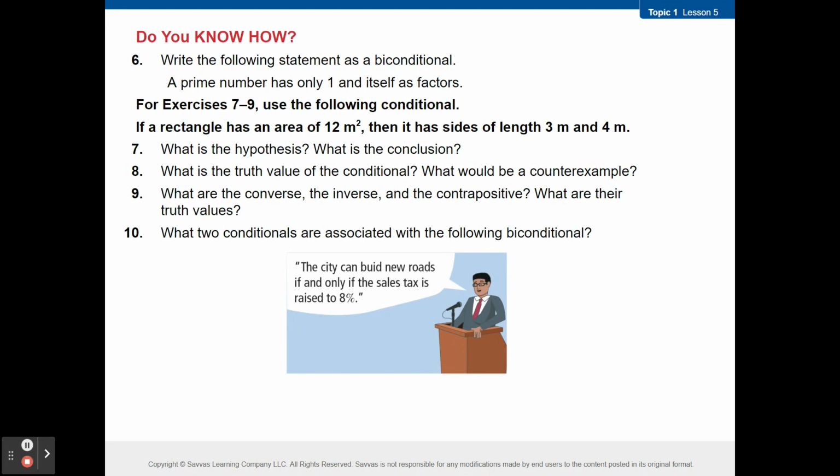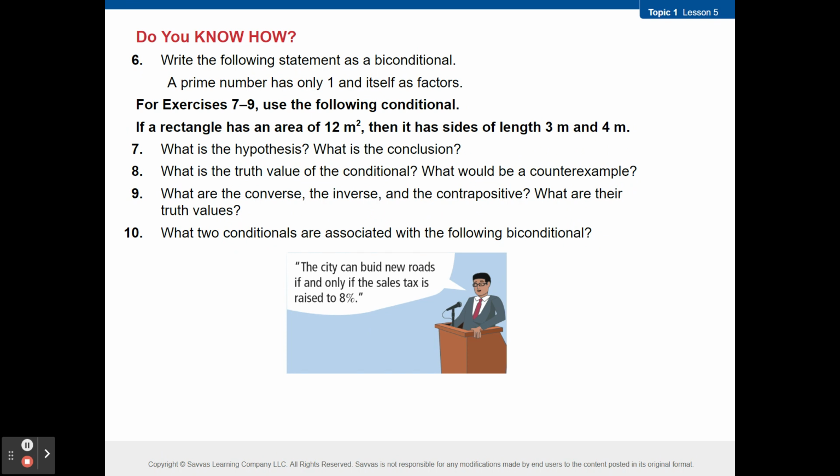True or false? Contrapositive switches the negation. If a rectangle does not have the side lengths of 3 and 4 meters, then the rectangle does not have an area of 12 meters squared.